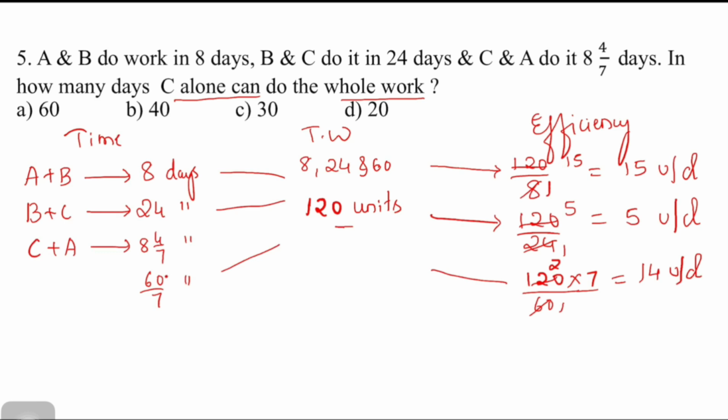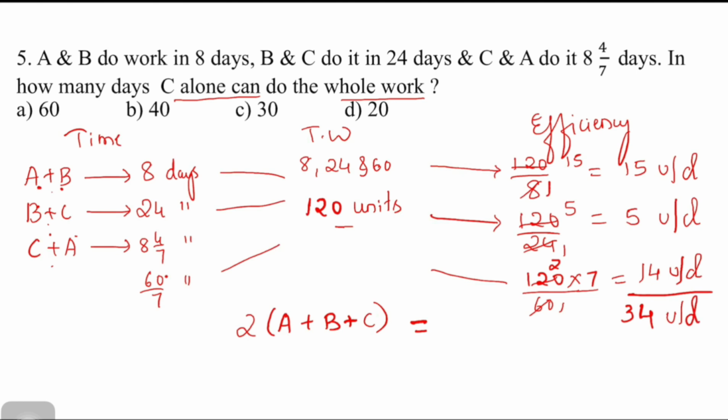So totally, A plus B plus B plus C plus C plus A is what? It is 2 into A plus B plus C, because it will be 2A, 2B and 2C, so taking 2 common it will be 2 into A plus B plus C. Altogether it is 15 plus 14 is 29, plus 5 is 34 units per day.